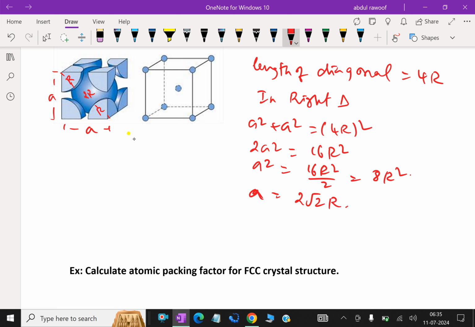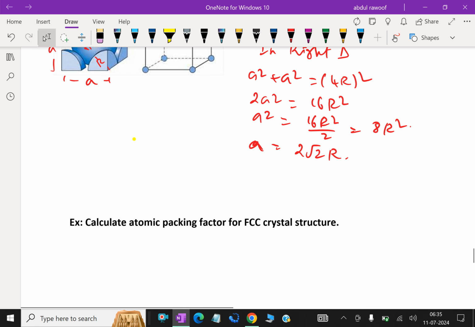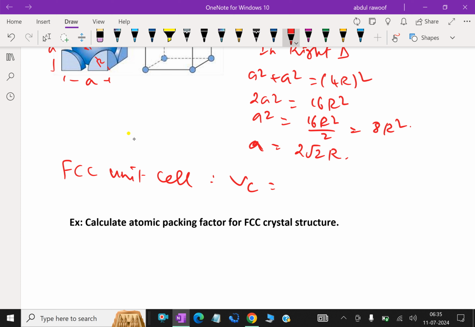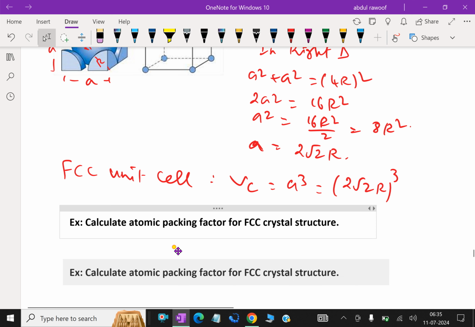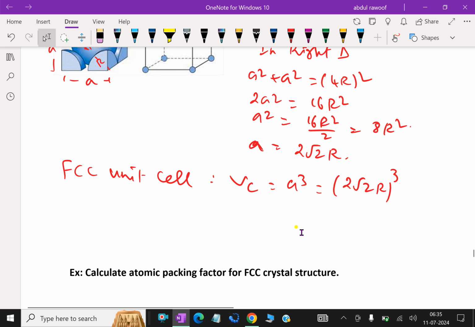Therefore we can say in the FCC unit cell, let us calculate the unit cell volume VC. VC is a cube, that is (2 root 2 r) cubed.